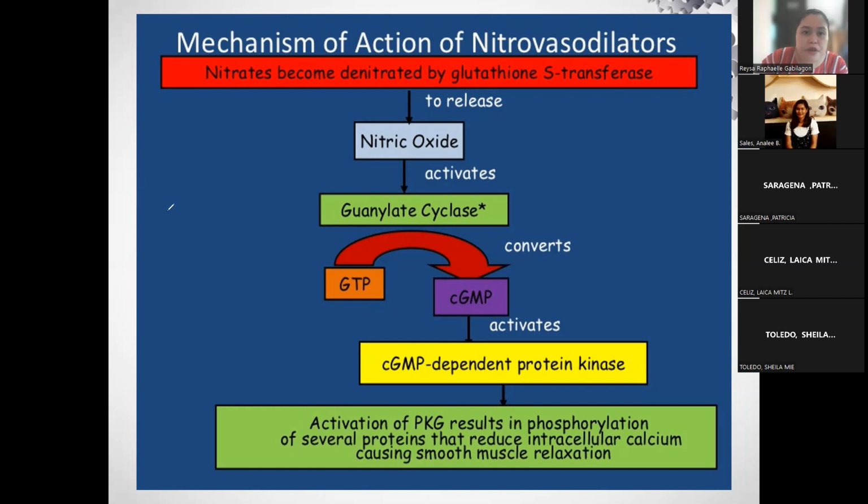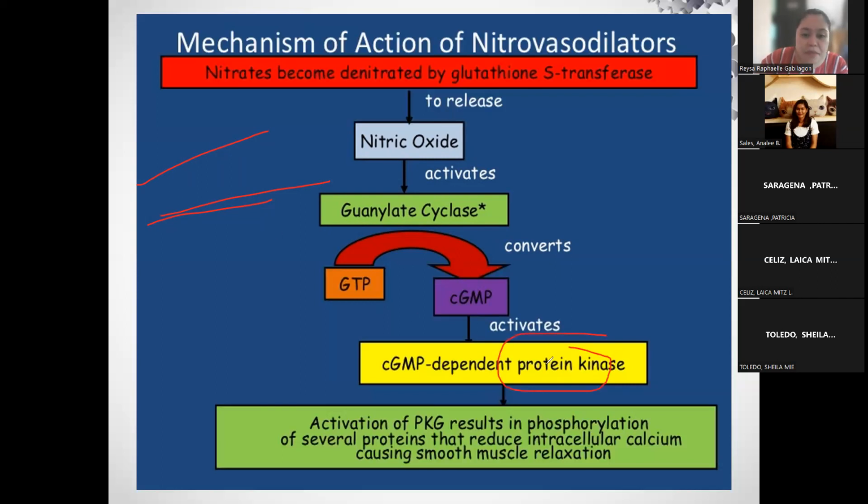So if this is your blood vessel, nitric oxide is being produced. Because of nitric oxide, guanylate cyclase will be activated to convert GTP to cGMP. Pag andyan na si cGMP, another enzyme will be activated.